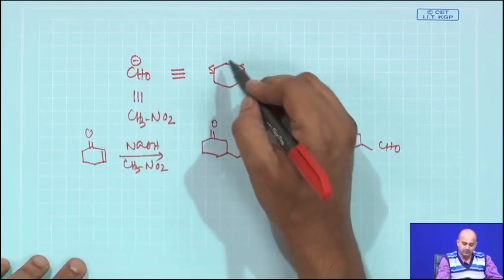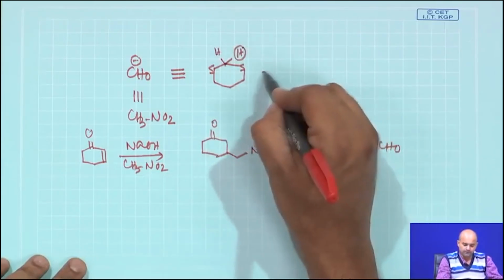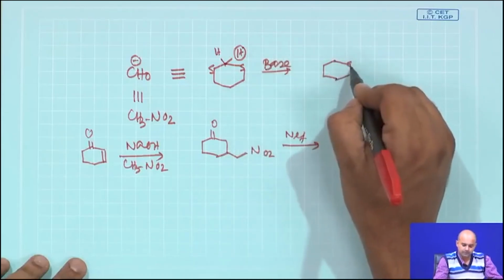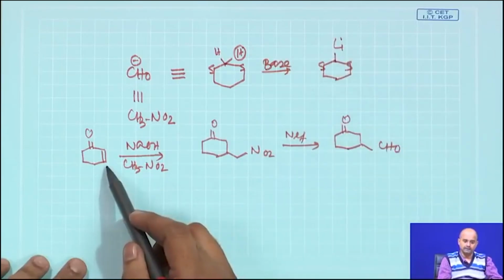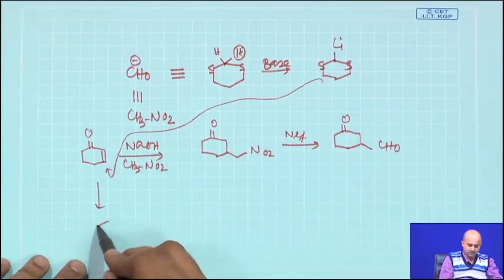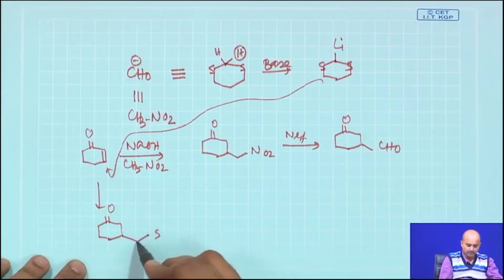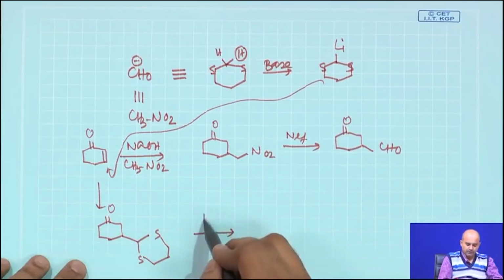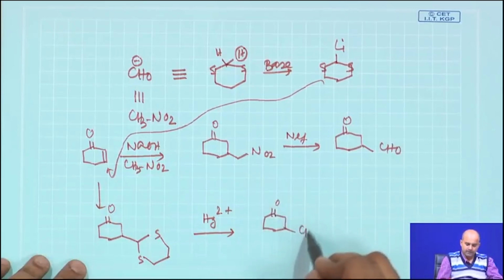In the same way you can pick up both of these acidic hydrogens, or one of the acidic hydrogens, and replace it with a lithium species. Now, this lithium species can undergo a 1,4 attack here. So, this will attack in the 1,4 fashion to give you this, right, and then you just clip this with mercury and you get a CHO.